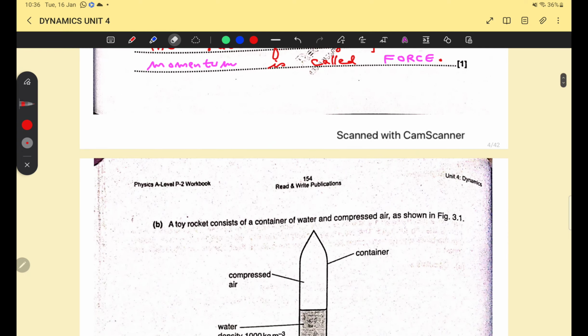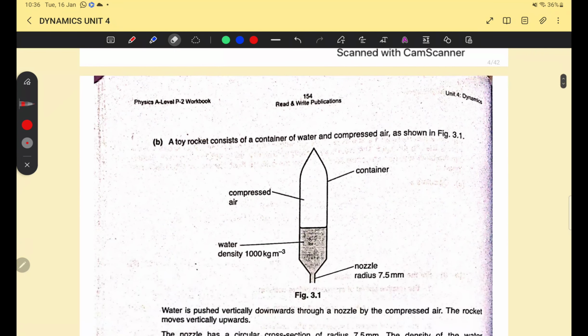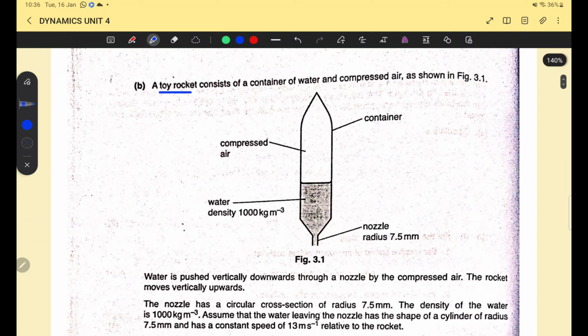And now there is a toy rocket. In the last question it was a toy car. Right now it is a toy rocket. And in this toy rocket, air is compressed. Here is air, and this air is exerting pressure on this water.